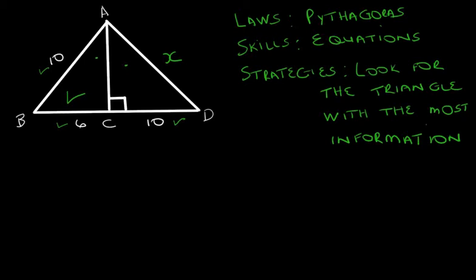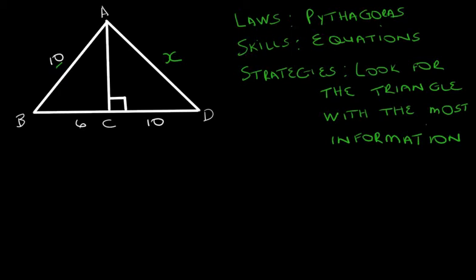Let's do that. Before I do that, I also wanted to remind you that Pythagoras only applies to right-angled triangles. So back to triangle ABC. What are we given? We are given the hypotenuse, and we need to find one of the sides. We need to find AC. Why are we doing that?